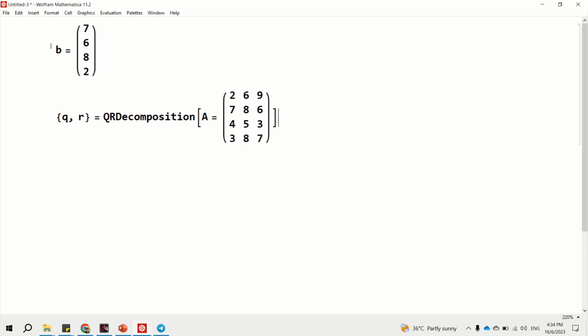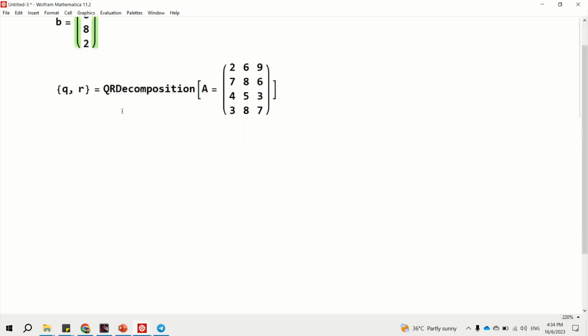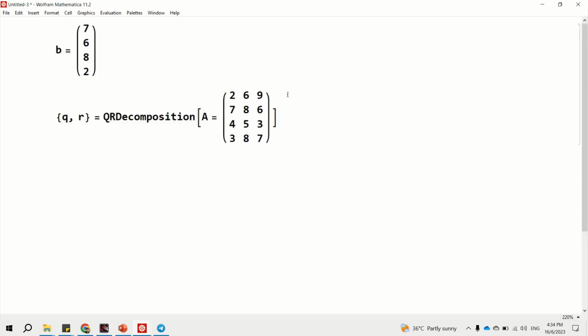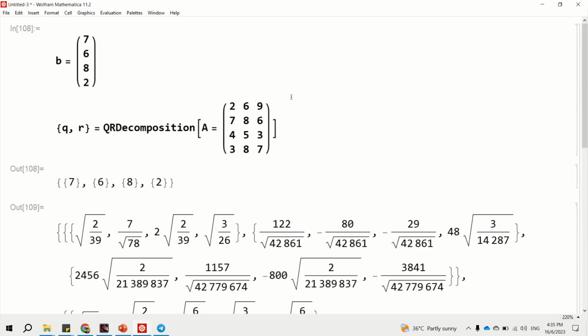We just need to put the value of the right hand side of the system, the value of b, and then for the QR factorization, we just need to put this command: Q and R, the QR decomposition of the matrix A. This is the left hand side of the system. Then just press Shift Enter to run it.